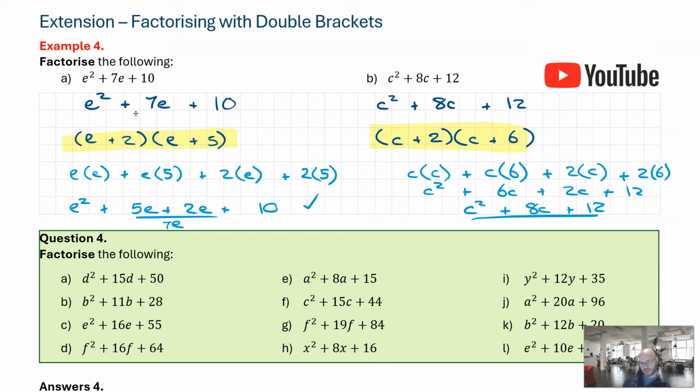Therefore, we know that this can be one of the factorized forms for this shown over here. Now remember, there are faster ways to be able to factorize these sort of expressions here. However, the trouble is, some of the methods are a bit out of reach for Year 8, so for now, you're going to have to focus on the guess and check, and maybe you'll find the fast method on your own.